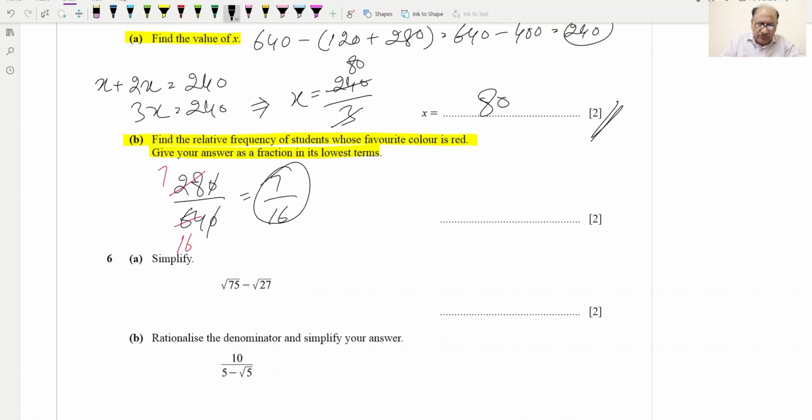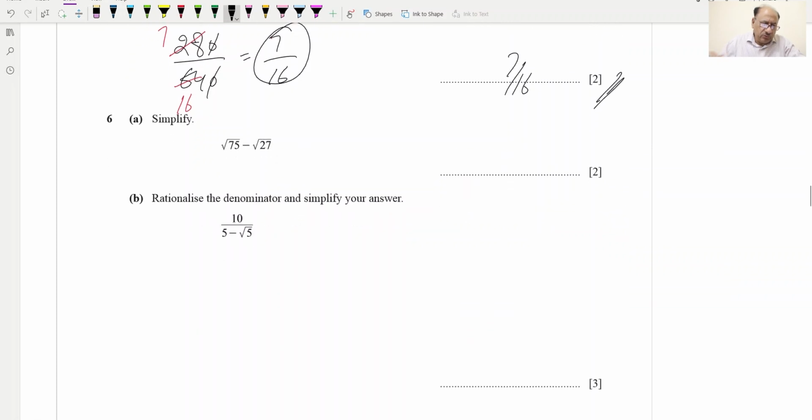This is the answer we can provide here, for 2 marks.